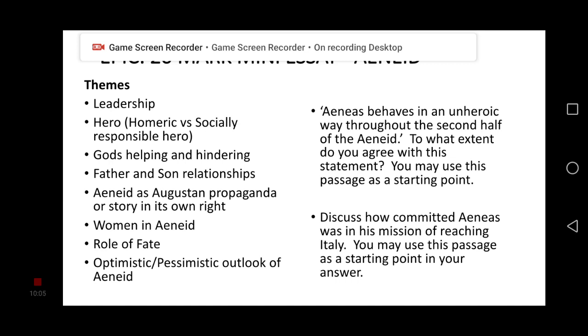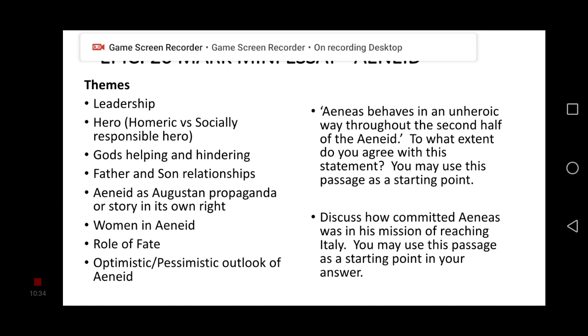So optimistic, it's Aeneas founding his city of Lavinium, and that will eventually result down the centuries in Rome. That could be seen as a positive. However, when we have actually lived through history and seen the dangers of empires and stuff like that, is that pessimistic, along with all the warfare that goes on in the Aeneid?